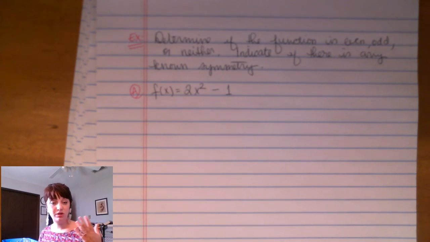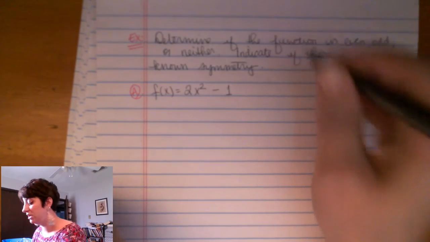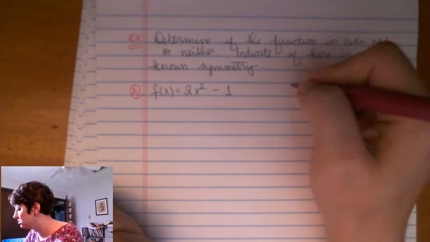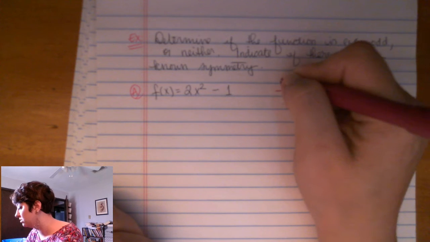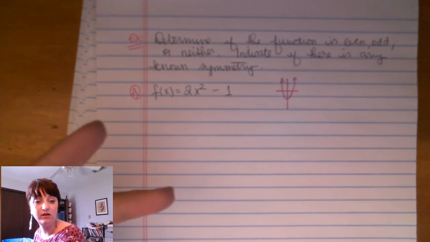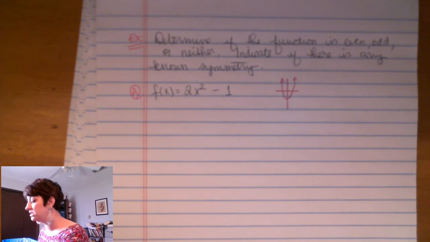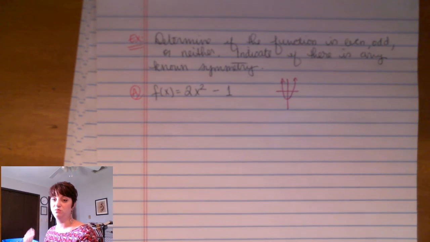So what is this? This is a parabola. It opens up. It's been shifted down 1 and stretched 2. So it should still be even because something like this, right? This should be my graph, roughly. So this should still have y-axis symmetry, which means it's still even.